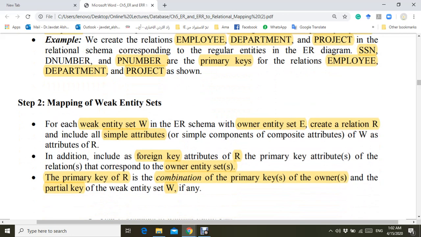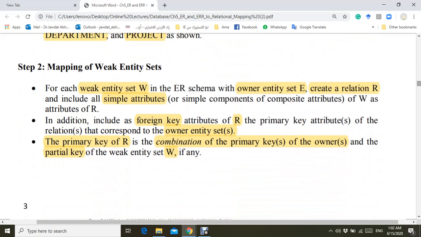How to map a weak entity set? You know that a weak entity set has no key, it has a partial key, and it has an identifying relationship and an owner entity. For example, the employee has dependents; dependents depend on employee. Dependent is a weak entity because it has no key, it has a partial key, for example the name.